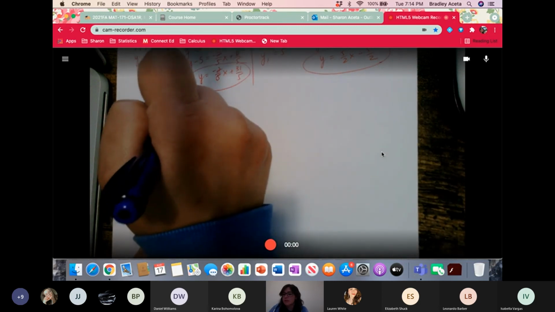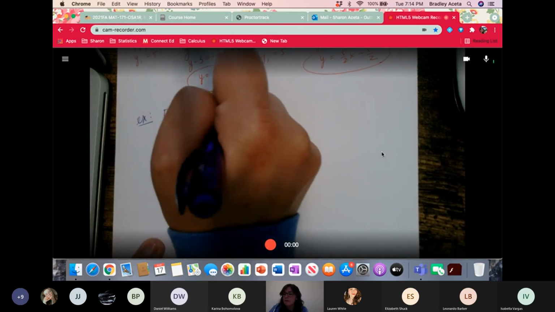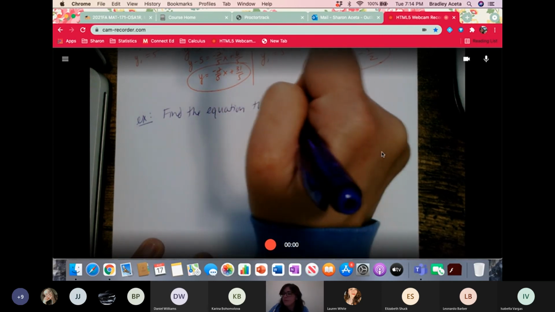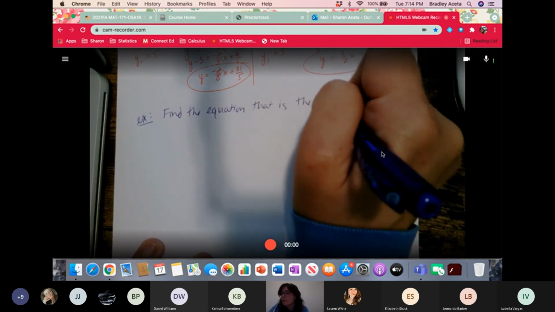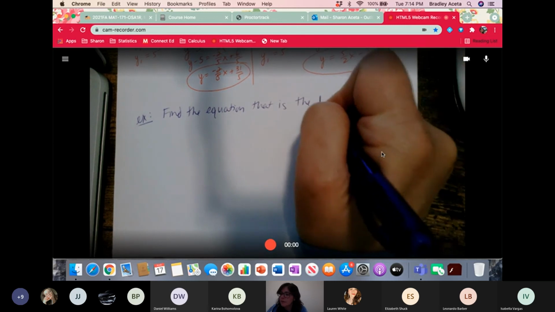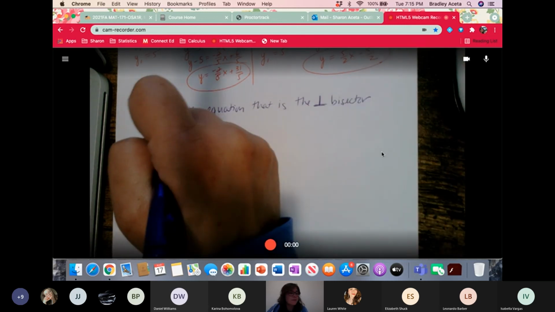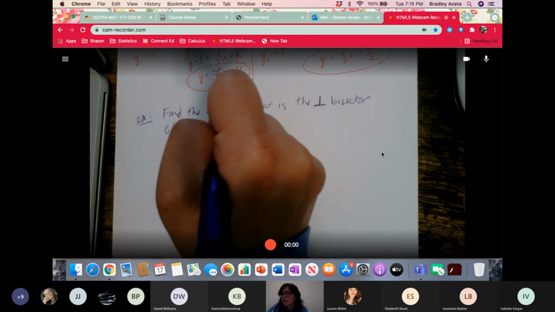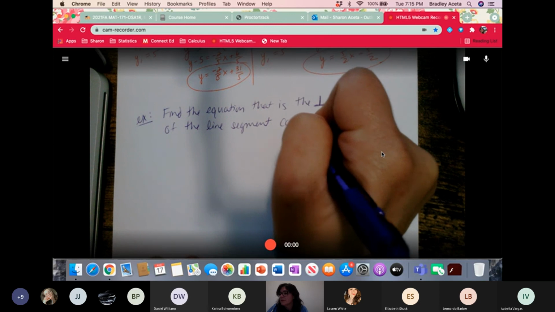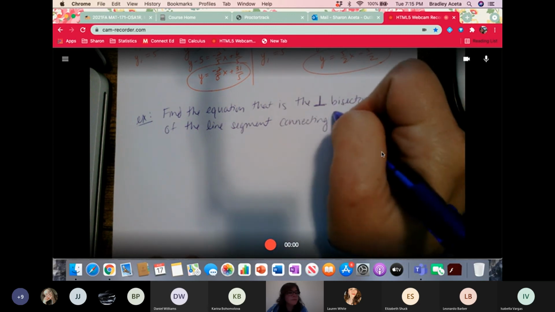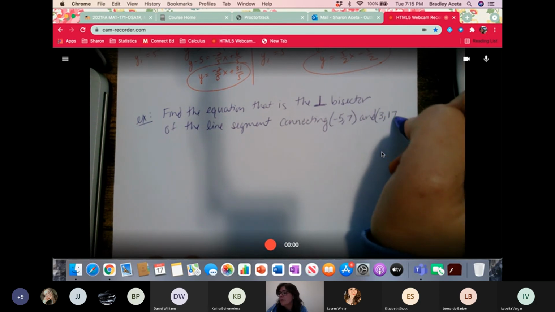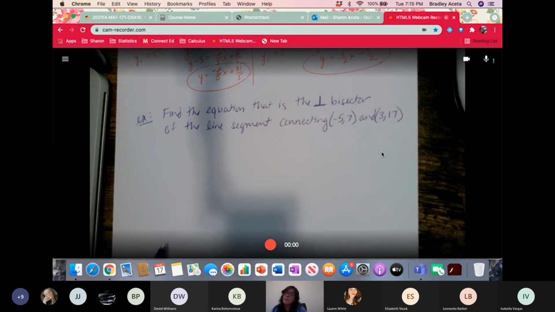This is: find the equation that is the perpendicular bisector of the line segment connecting (-5, 7) and (3, 17). Okay. I like this question.